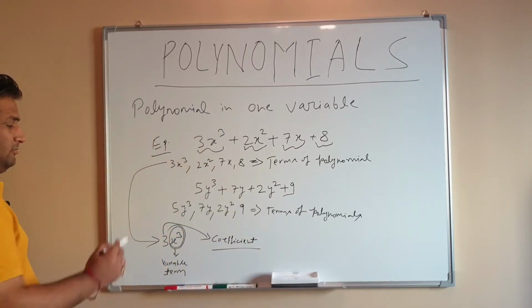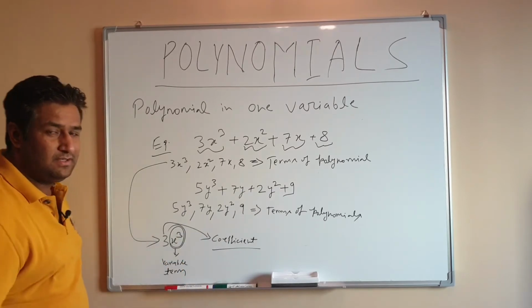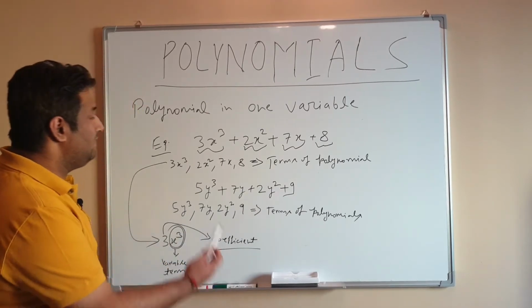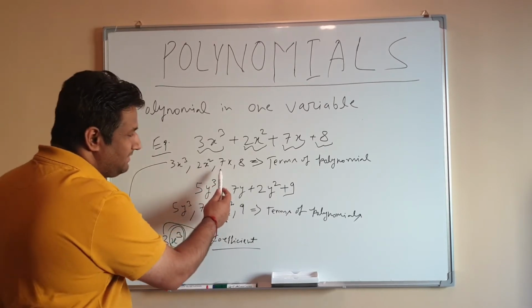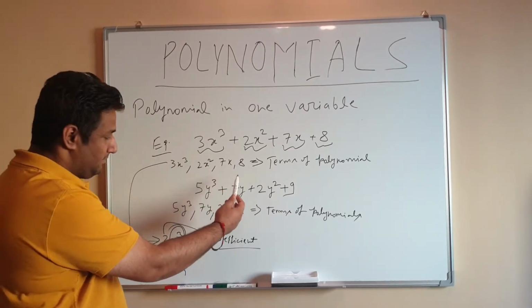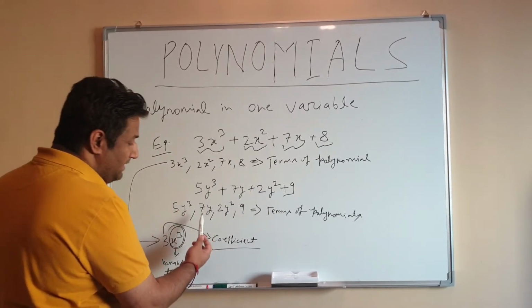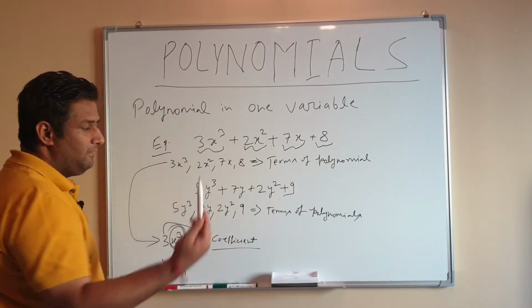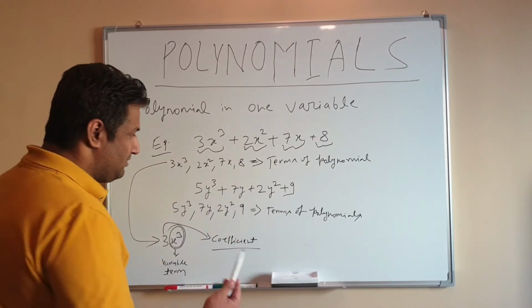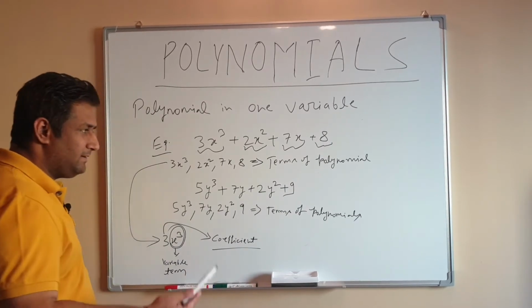So 3 is the coefficient of x cube, which is the variable term. Similarly, 2 is the coefficient of x square, 7 is the coefficient of x. Similarly here, 5 is the coefficient of y cube, 7 is the coefficient of y, 2 is the coefficient of y square. So these are coefficients of the given terms.